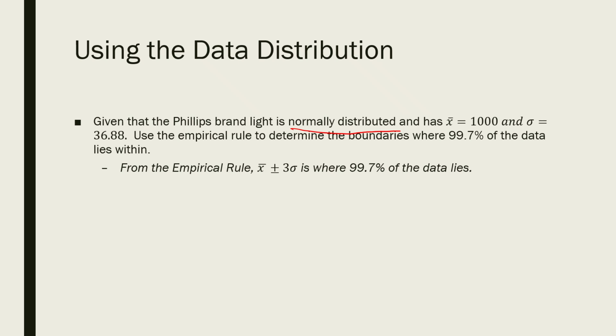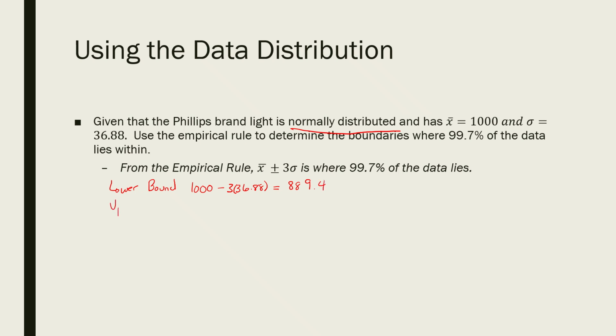So let's do that. Basically, all I want is a lower bound, which is my mean, so that's 1,000 minus 3 times my standard deviation, which is 36.88. I can then use my calculator to calculate that. 1,000 minus 3 times 36.88. And I get 889.4. Okay.